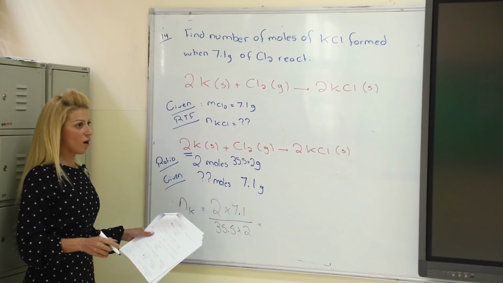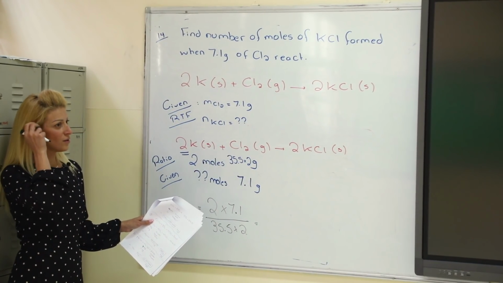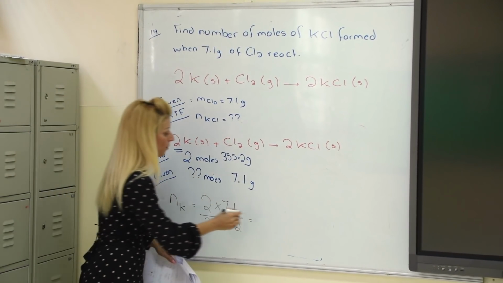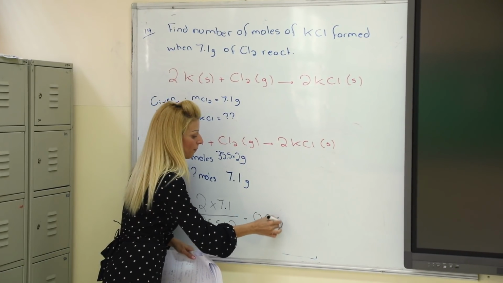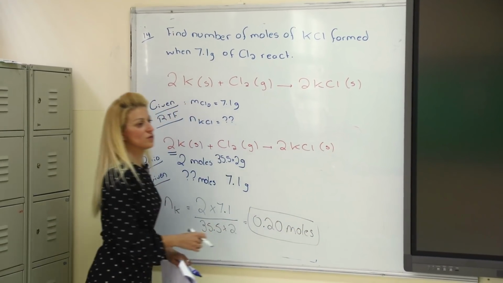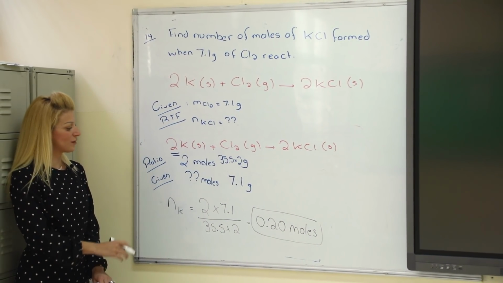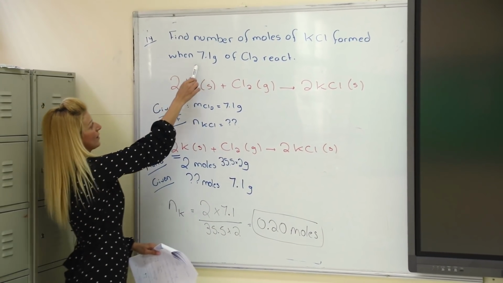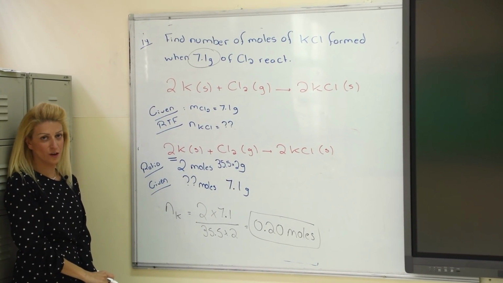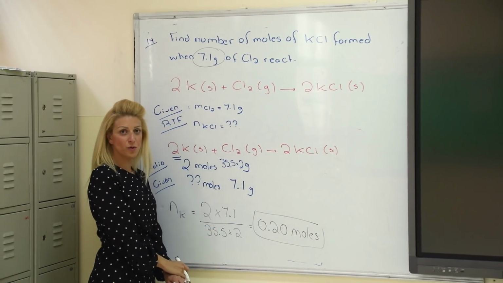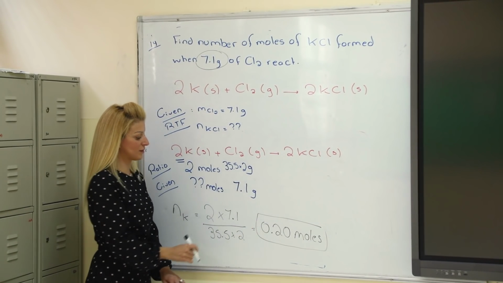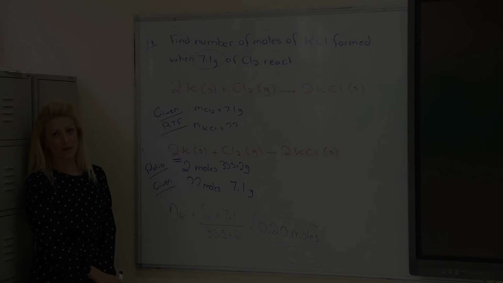If you do that on the calculator, you will get your final answer to be 0.20 moles. Let us check if it is reported to the correct number of significant figures. Our given is 7.1, which is 2 significant figures, and our answer is reported to 2 significant figures because the 0 to the left is not significant.